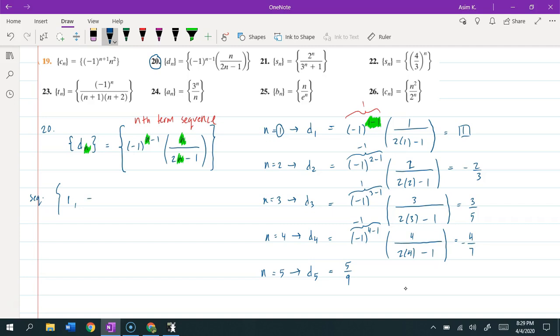Then I noticed that the second term was negative 2/3. Then I noticed that the third term was 3/5. And then the next one after that was negative 4 over 7. And what I made a conjecture about was I said, I think the next one is 5 over 9.